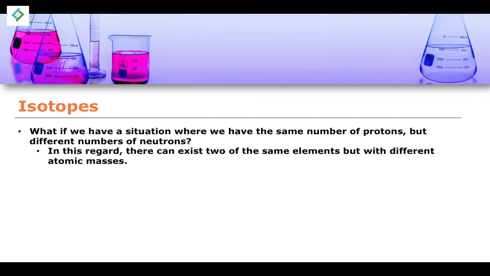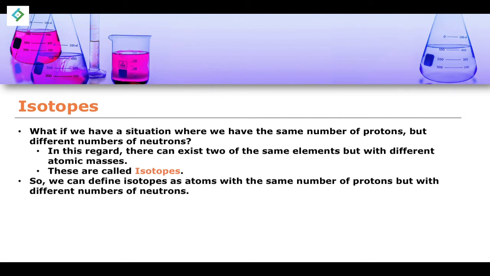Well, there can exist two atoms of exactly the same element, both with the same number of protons and the same atomic number, but with different atomic masses because they have different numbers of neutrons. So we define an isotope as atoms with the same number of protons but with different numbers of neutrons, and therefore, as a result, different mass.